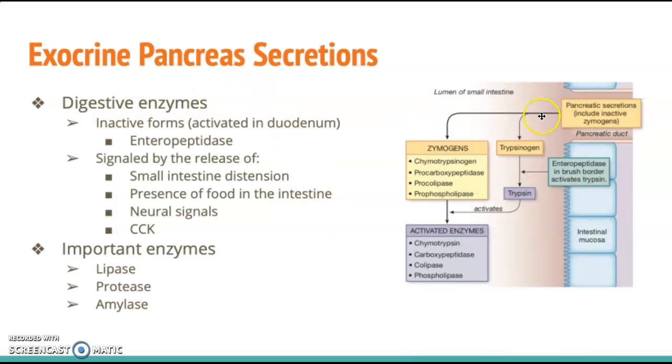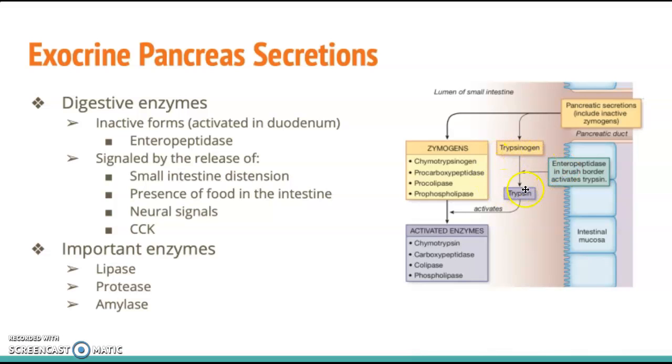In this diagram over here, you can see that the pancreatic secretions are the inactive zymogens, such as trypsinogen. What the enteropeptidase does is it cleaves the trypsinogen into trypsin, and the enteropeptidase is located in the brush border of the small intestine. This brush border is made of microvilli that increase the surface area of the apical membrane, and it increases the total area for absorption as well.